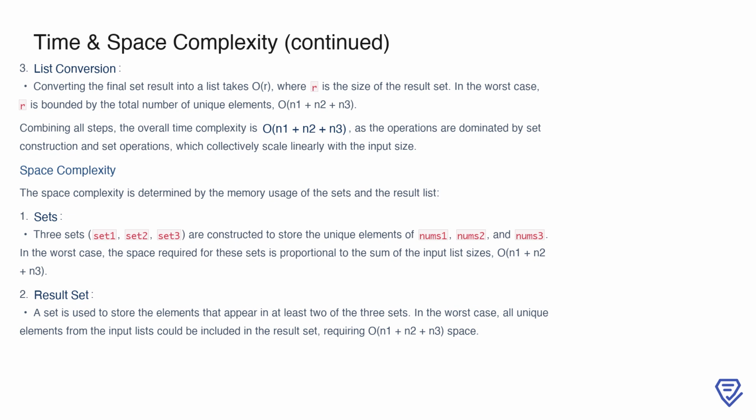Now, considering the space complexity, we first account for the memory used by the sets. Three sets are constructed to store unique elements from the three input lists, requiring space proportional to O(n1 + n2 + n3). Additionally, a result set is used to store elements appearing in at least two lists. In the worst case, this set also requires O(n1 + n2 + n3) space.